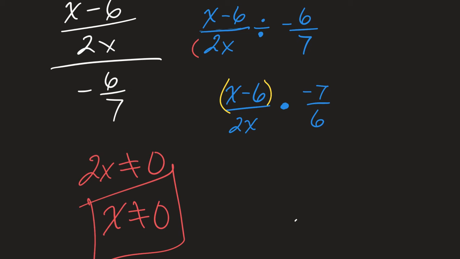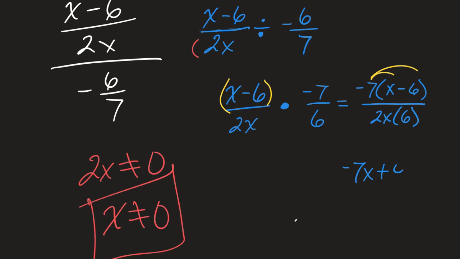And then from there, it's just top times top, bottom times bottom. So I end up with negative 6x times x minus 6 all over 2x times 6. Once we have our distribution of our negative 7, be very careful that you do distribute a negative 7.